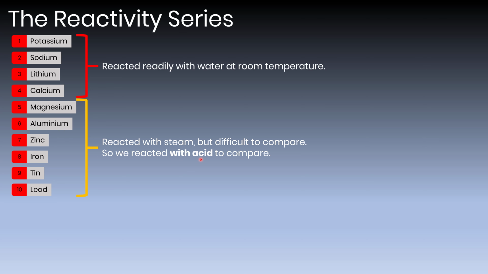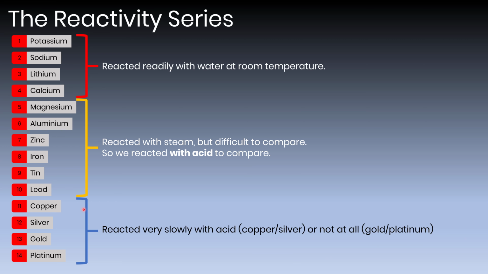The more bubbles given off, or the more quickly it dissolves, the more reactive it was. Hence the reason magnesium was ranked above the others. Finally, we had copper, silver, gold, and then platinum. Copper and silver reacted extremely slowly with acid, and gold and platinum didn't react at all. So here was our order of reactivity for those final four.